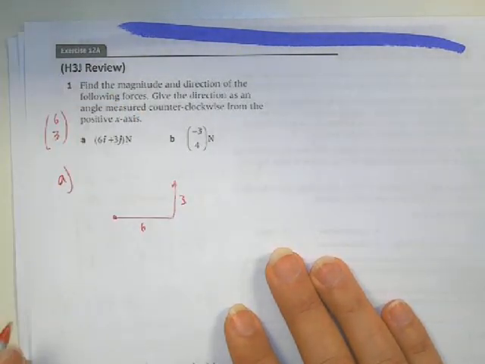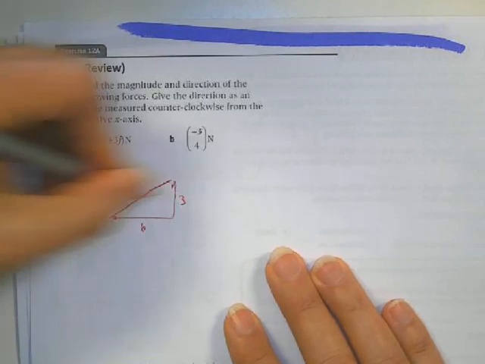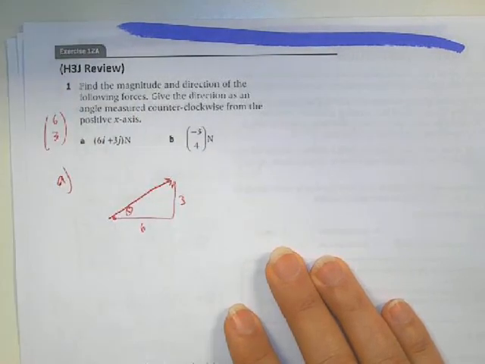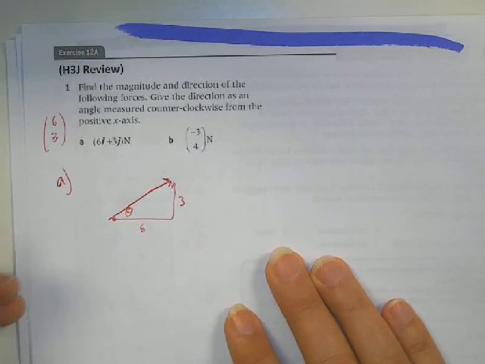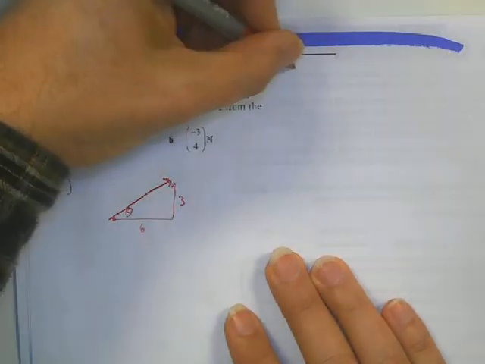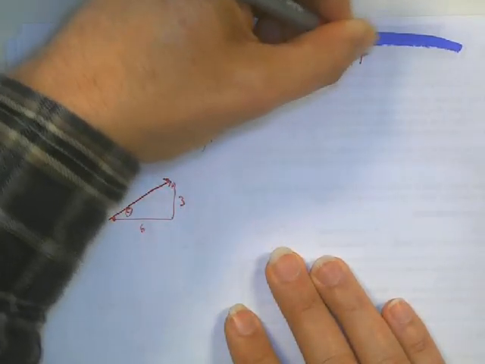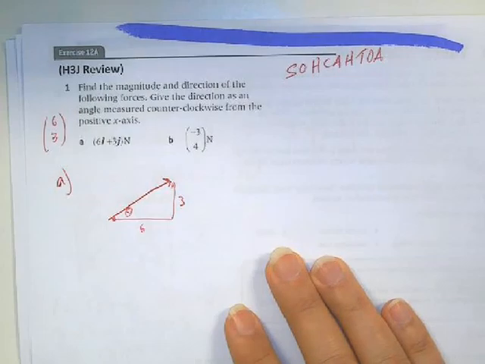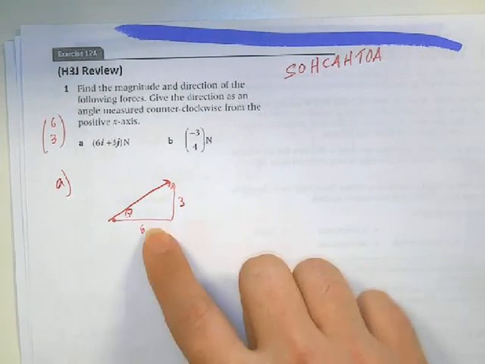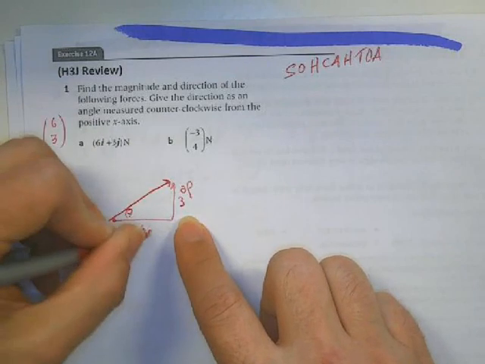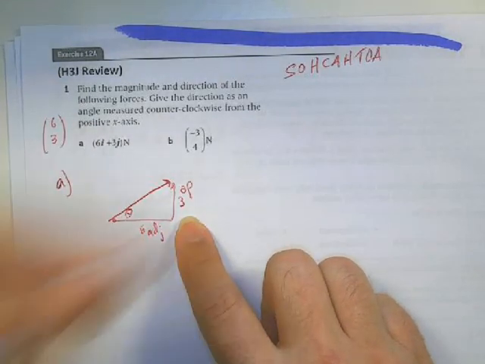So I want to find this angle here and call it theta. So to figure out that angle, I can use tangent, right? I'm going to write SOHCAHTOA on the top to help me remember things. Okay, so I've got the opposite side, I've got the adjacent side, so I'm going to use tangent.